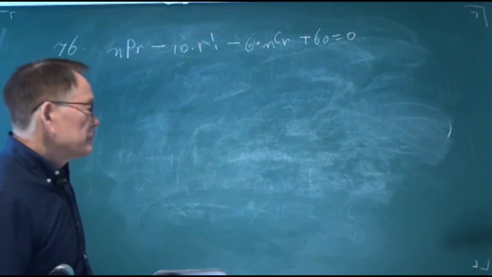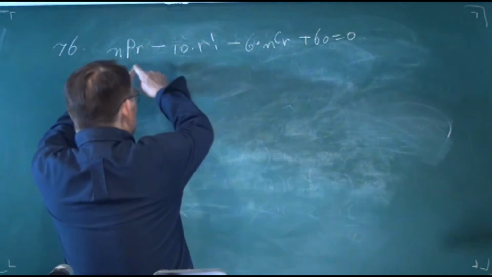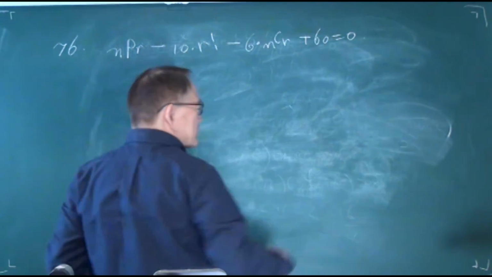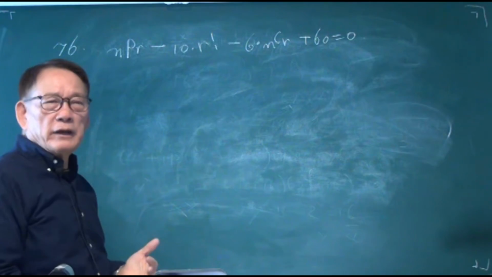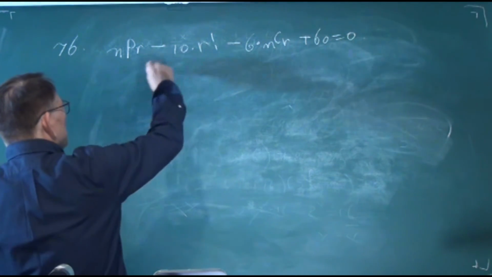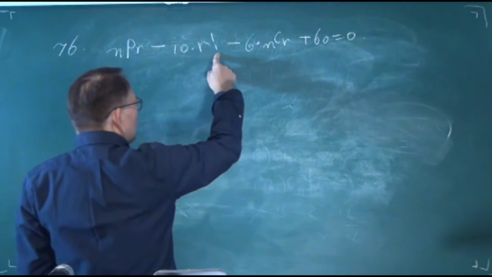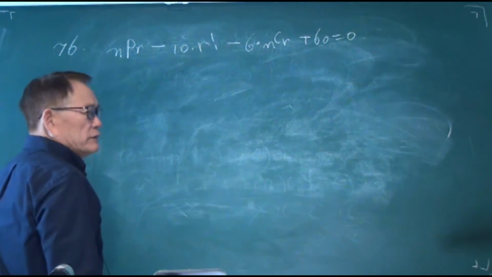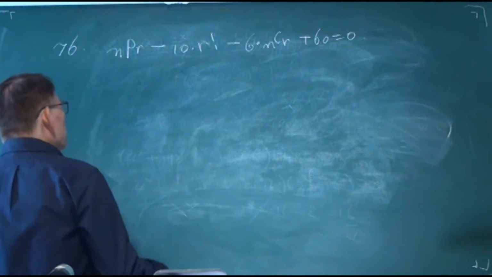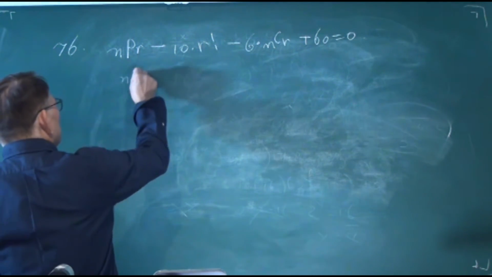If not, we may try factoring with three terms, and sometimes it works out that way. But anyway, here, as you see, nPr, r factorial, nCr are three different ones. That's a little trouble, so we try to rewrite.